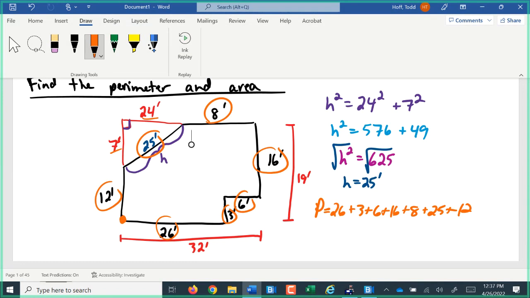Because they're not really there. They're not really parts of the figure. It's the 25 that cuts across the corner. So if I add those all up, I get a total of 29, 35, 51, 59, 84, 96 feet is my perimeter. Any questions there?